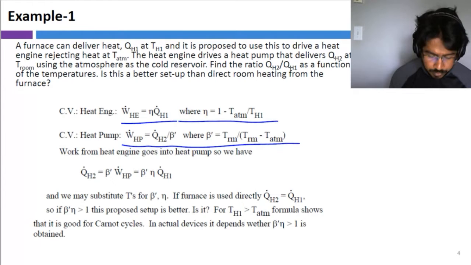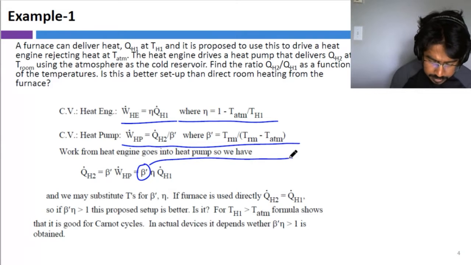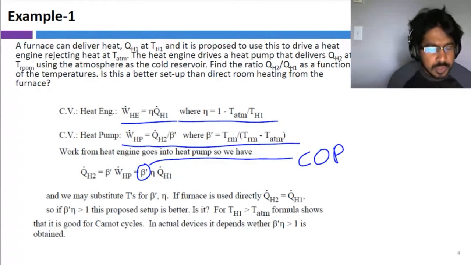And then when you're looking at the solutions, you will see beta. This is same as COP. Some textbooks use beta as the COP, but in the exam you won't see it, so you can use COP directly, right?